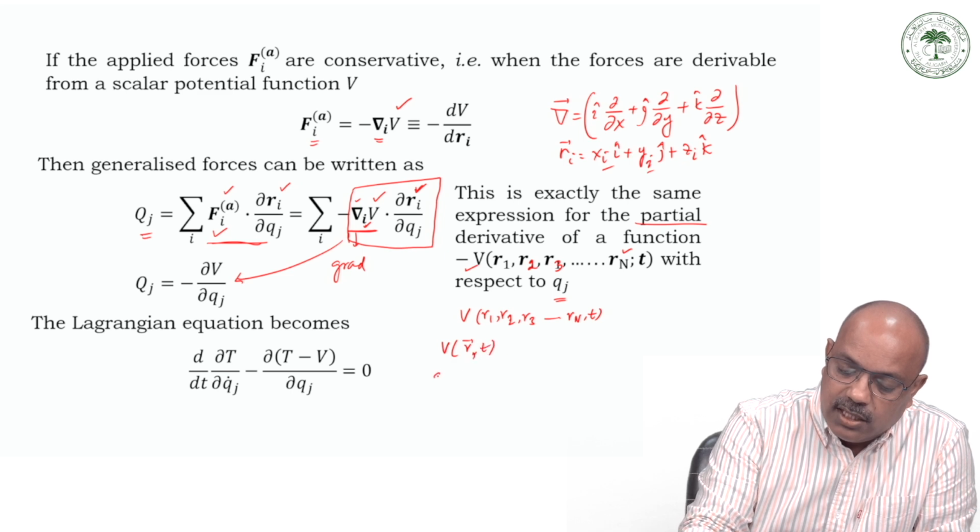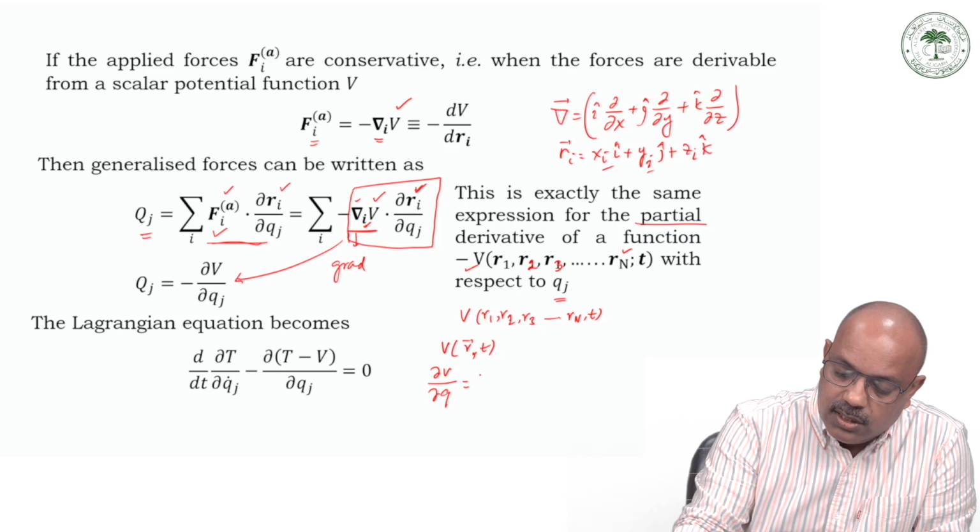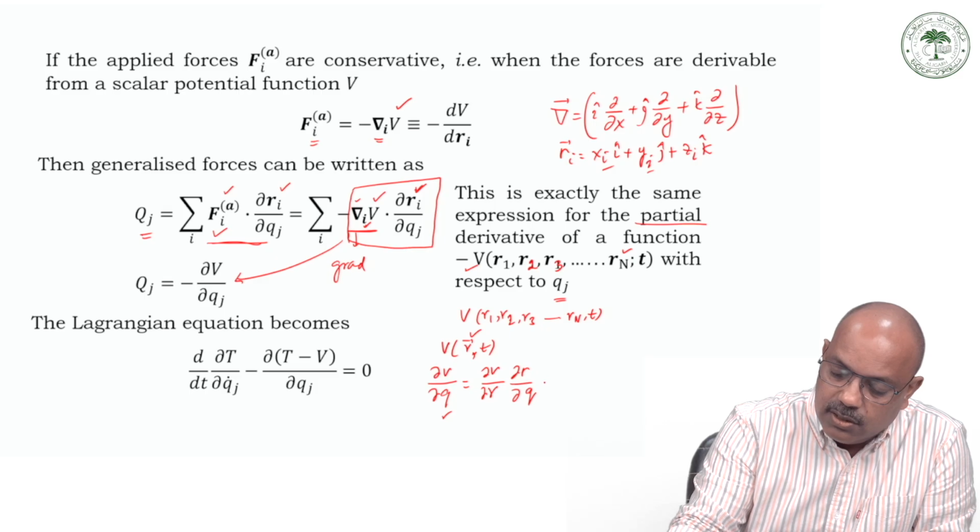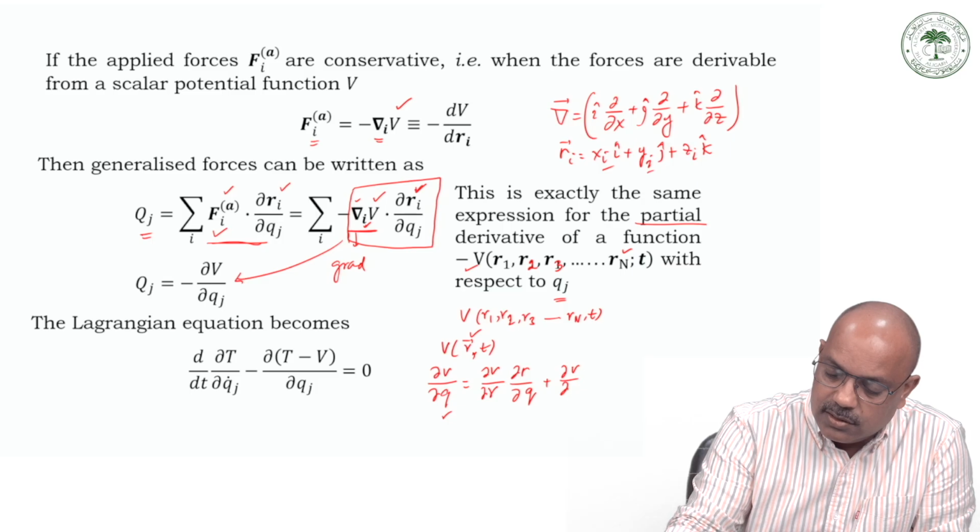If I take the partial derivative with respect to q, this is going to be del V by del r times del r by del q, and because it depends upon t also, del V by del t times del t by del q.